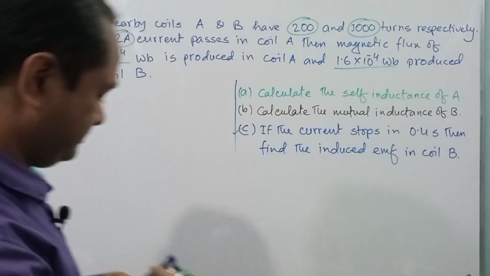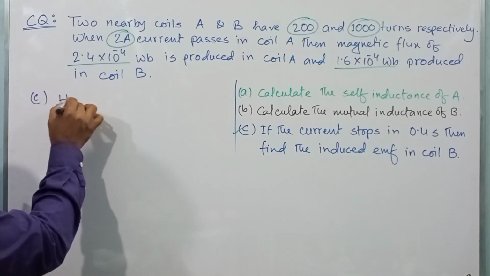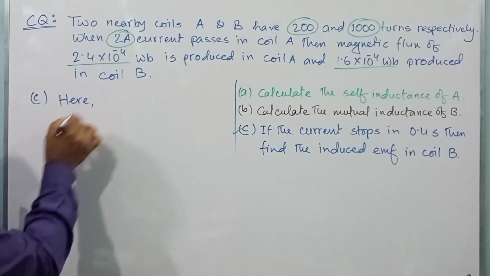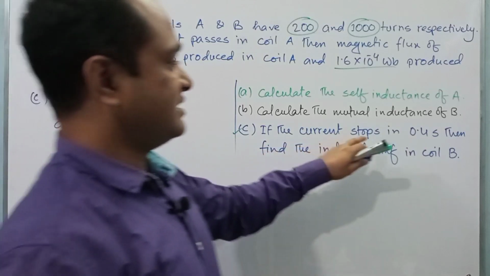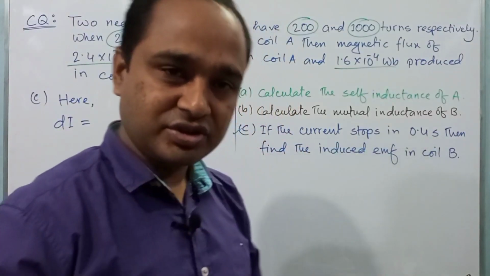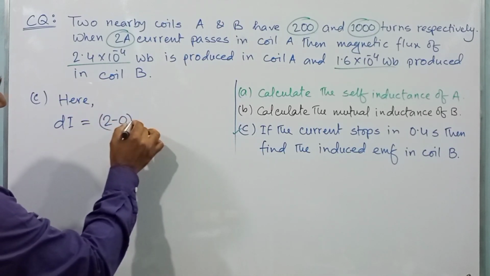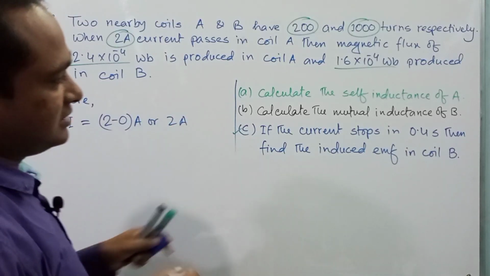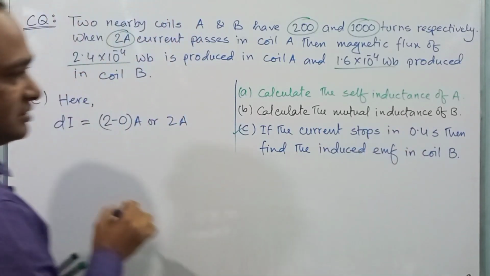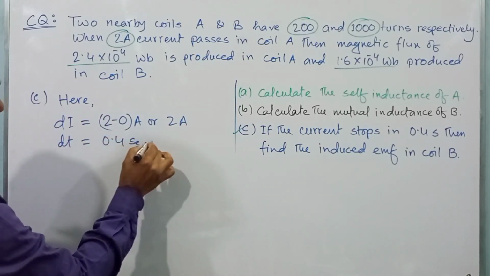So the change in current, that is di, is equal to 2 minus 0 ampere, or 2 ampere, and the required time dt is equal to 0.4 second.